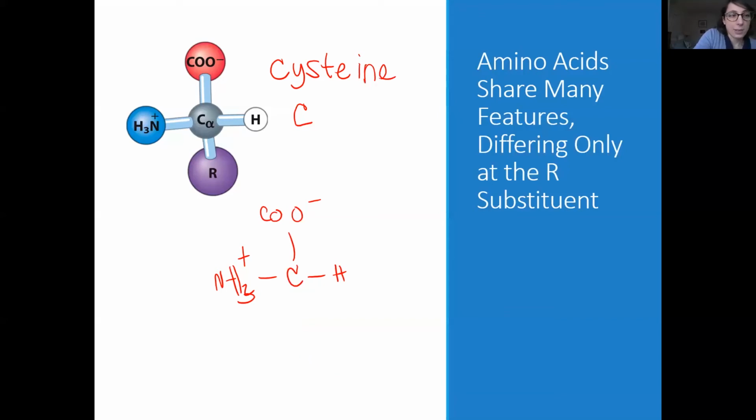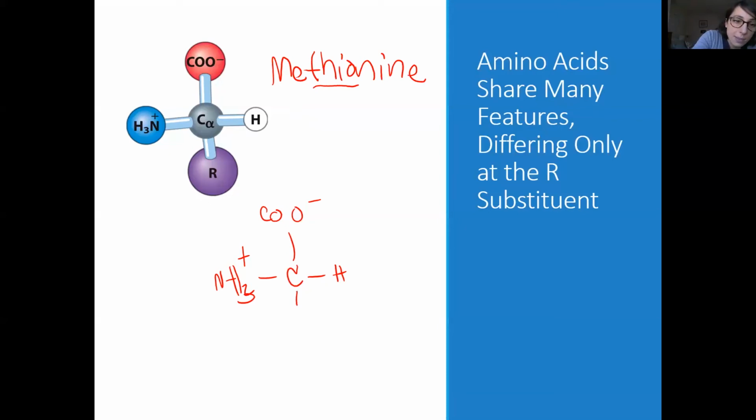Our next one is going to be similar in that it has a sulfur, but it is methionine. Now, methionine has this thio in it. Thiols are sulfur groups.